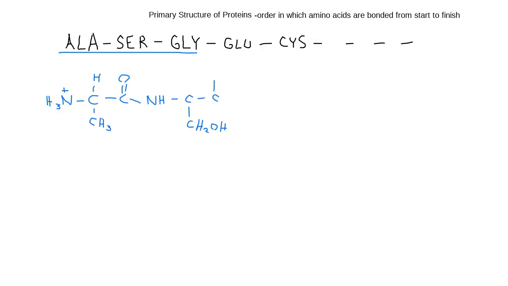Next, C double bond O. Oh, I lied. No C double bond O because I'm going to do one more. I'm going to have to get glycine, so connected to another NH. The glycine side chain is just another hydrogen. Very simple. And then I have a C double bond O.